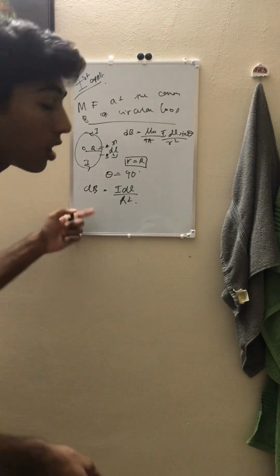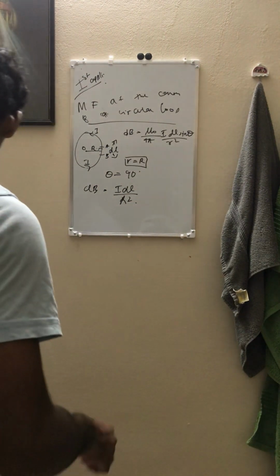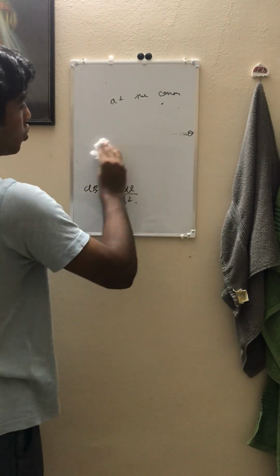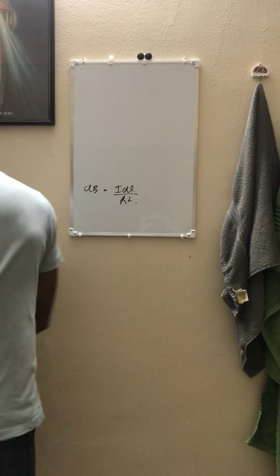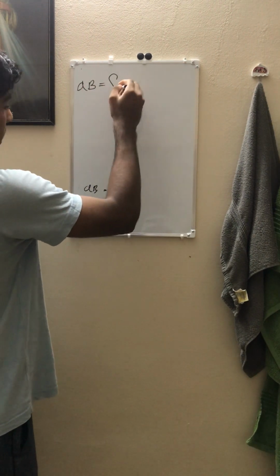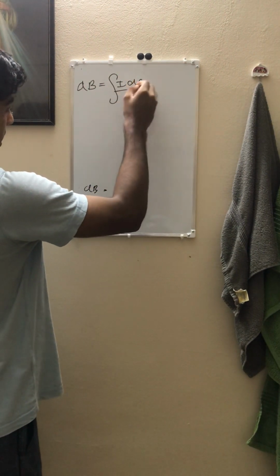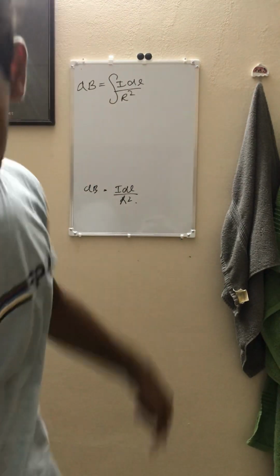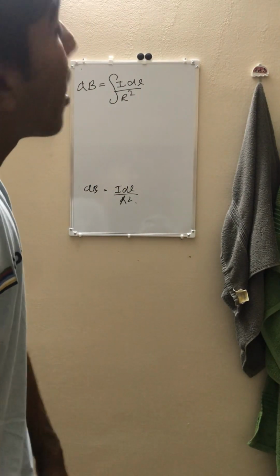Now we want to find the total magnetic field. To find the total magnetic field, as I said before, we have to integrate. So we are integrating I dl by r square. When I use calculus integration, I need to take the constant out. I is constant, r square is also constant. But dl, what is dl?